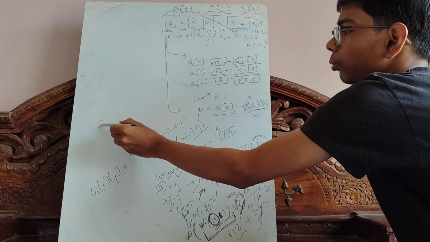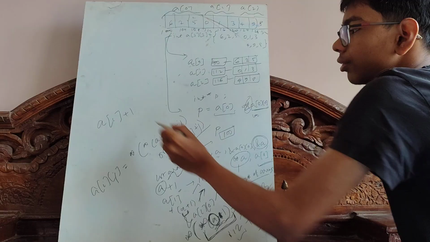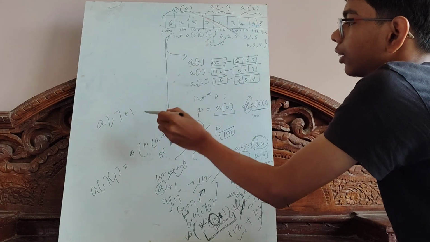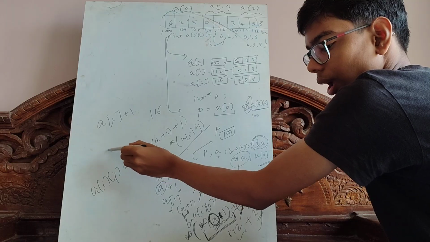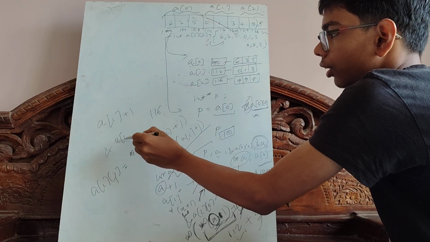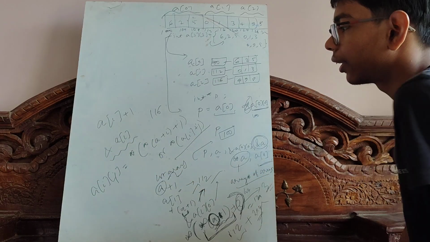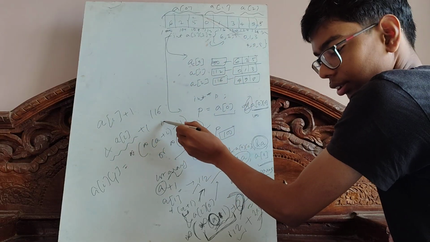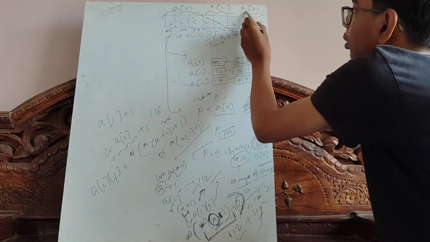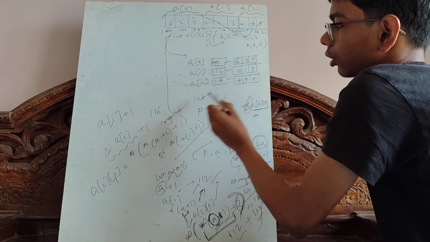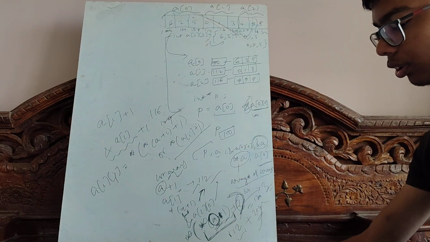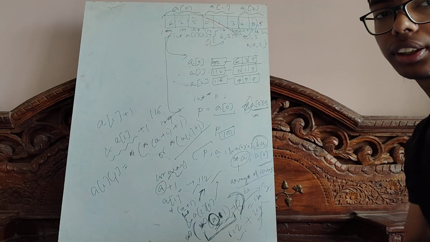Now on printing a of 1 plus 1, clearly it will give me 116, and ampersand a of 1 is the complete array. This plus 1 will give me 120, sorry, 124, right? This is all for this video. We will discuss more, see you in the next video.